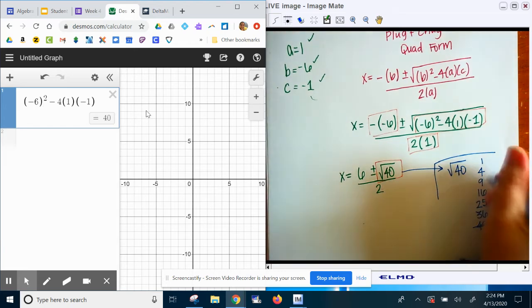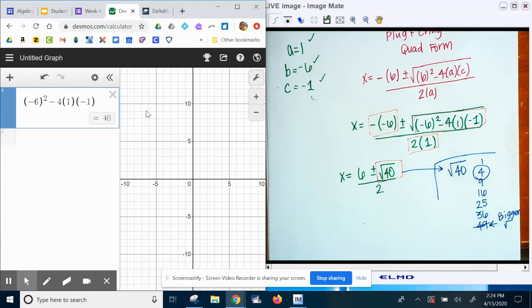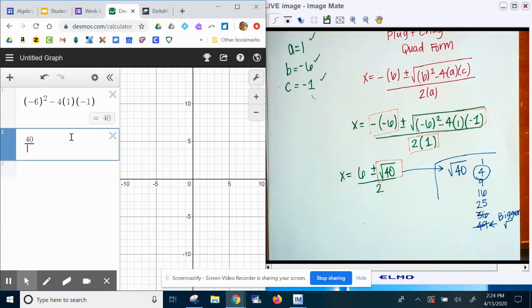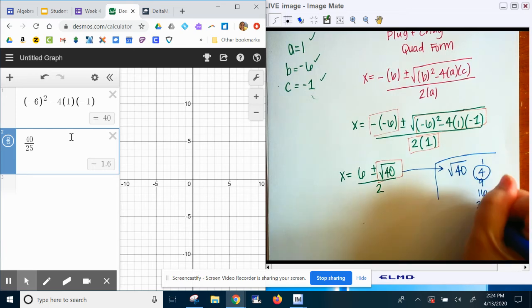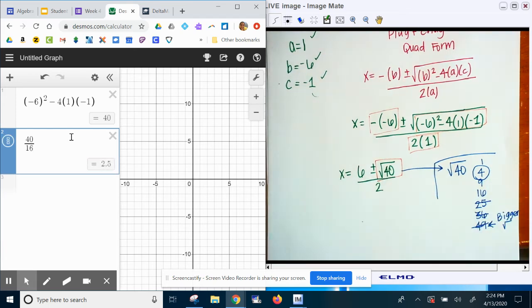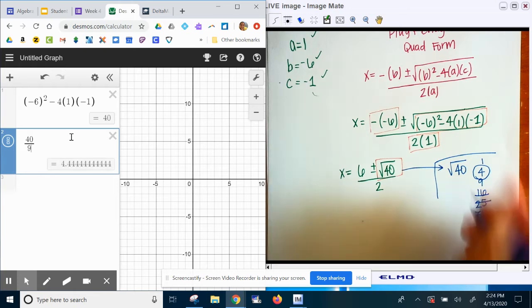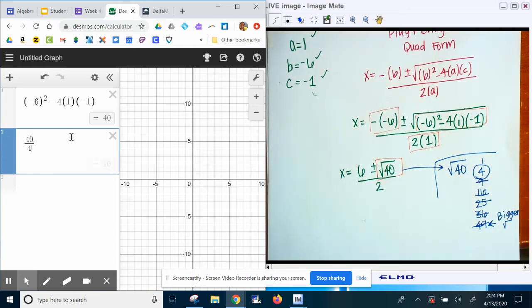Just looking at this, I'm going to guess that 4 is my biggest, but let's check. 40 divided by 36? Nope, that's a decimal, so it's out. And I got to divide it by 25, decimal, 16, decimal, and 9, decimal. And then finally, when I do 4, ta-da, I was correct.